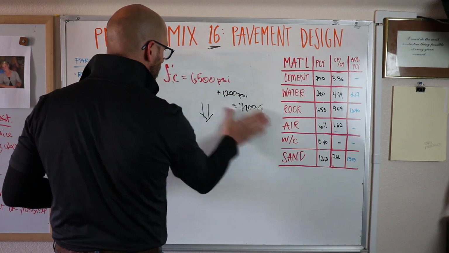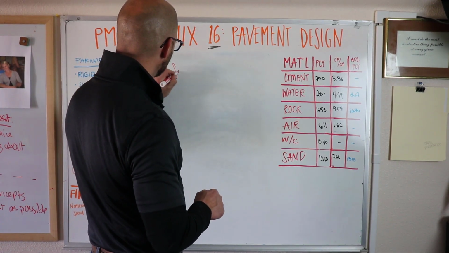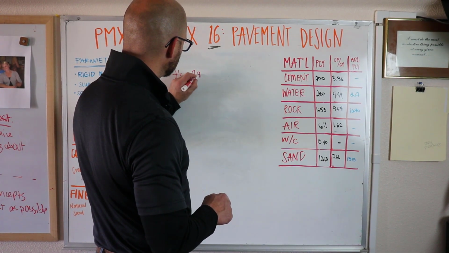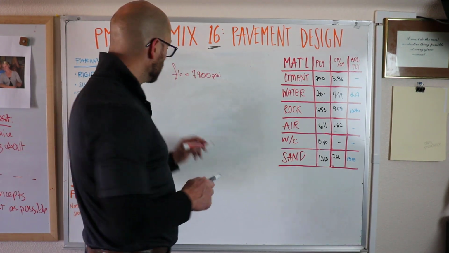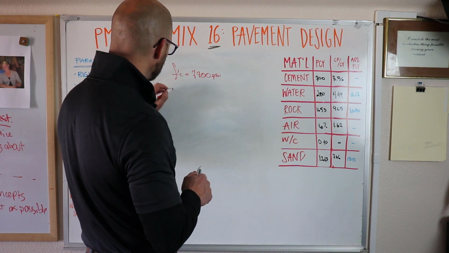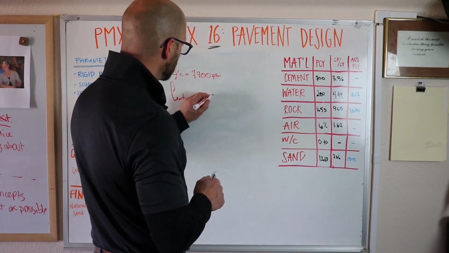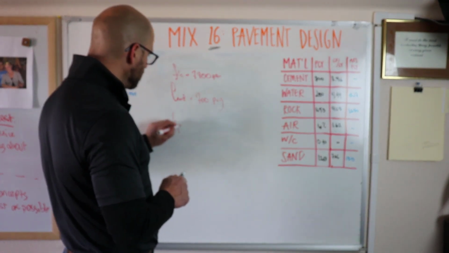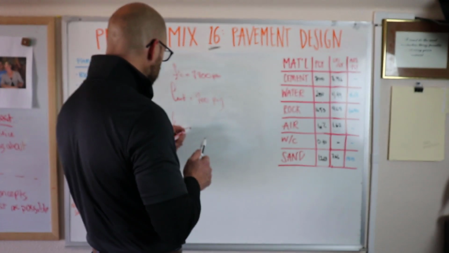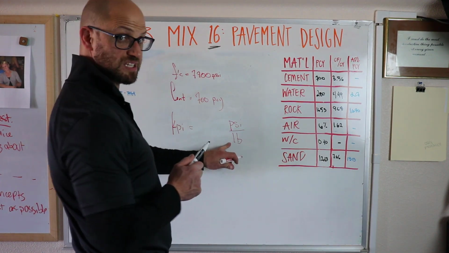What are we relying on? So we have a design strength that we need to achieve, let's say a maximum of 7,700 PSI. We know we have a cementitious weight of 700 pounds per cubic yard. So that means our KPI, our key performance indicator, which is in PSI per pound of cementitious.